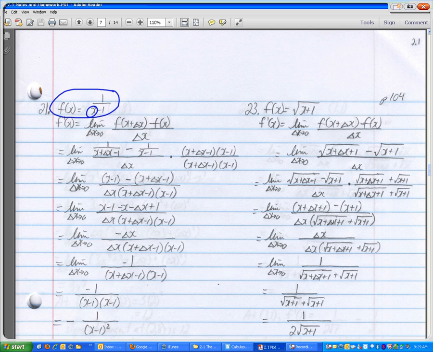So it becomes 1 over x plus delta x minus 1. So that's f of x plus delta x minus f of x. Well, so just copy down f of x. And then your denominator is delta x. You with me on step 1? Yeah.